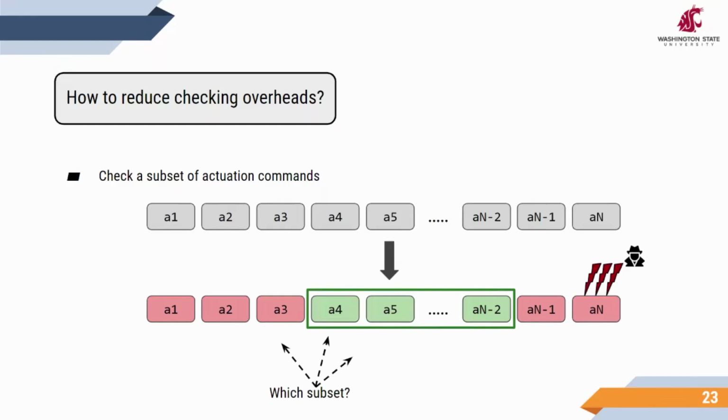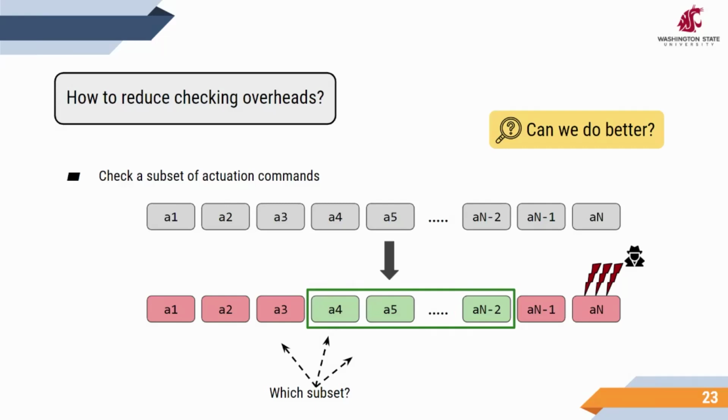Because say we pick some subset of the commands for checking, but the adversary compromises some other commands not within the checking set, then there's no point. Again, we have the same problem. Your commands are not verified.